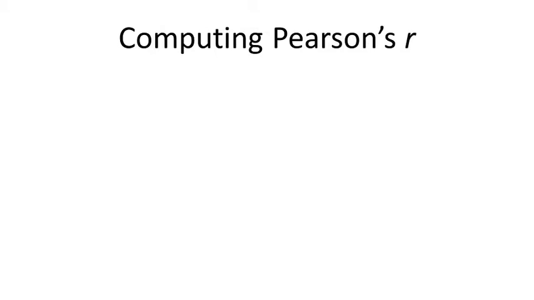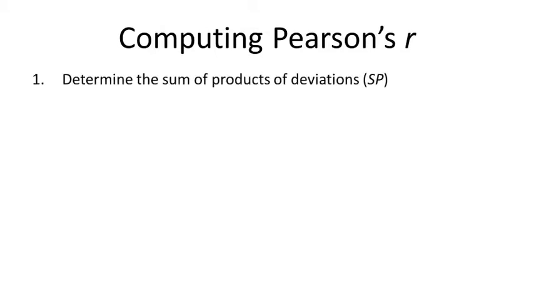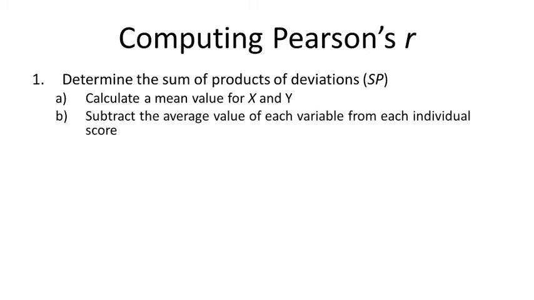So when it comes to computing Pearson's r, step number one is to figure out what that SP is. That's called the sum of the products of deviations. To do that, you have to first calculate the mean score for your two variables. Then you have to subtract the average value of each variable from each individual score.